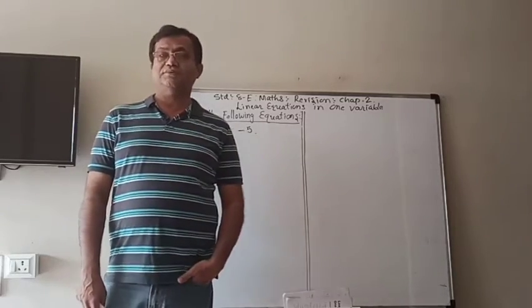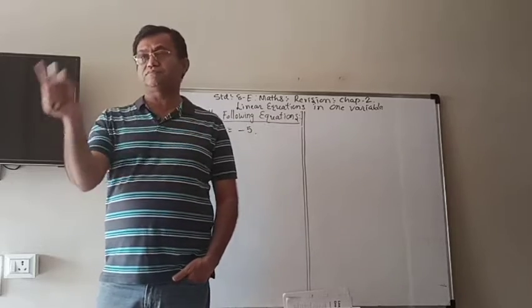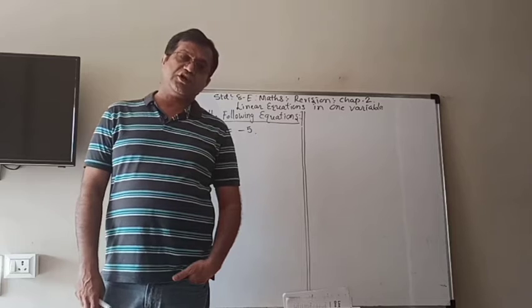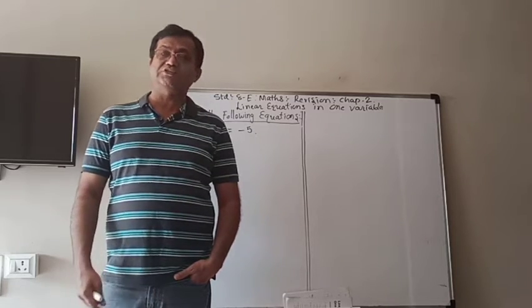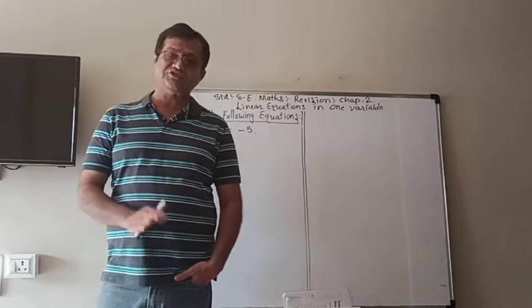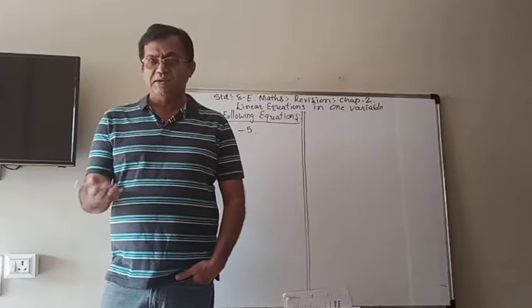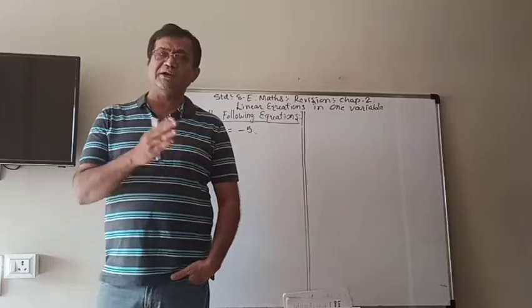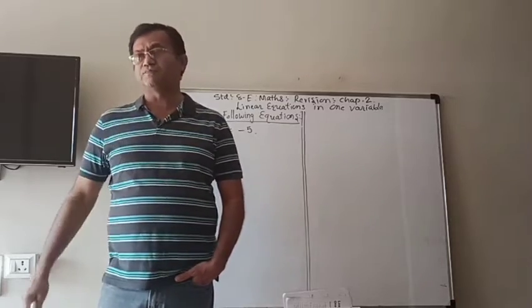I hope you remember the river: when you cross the river your clothes should be changed, plus to minus, minus to plus, multiply to divide, divide to multiply. Means numerator to denominator and denominator to numerator.